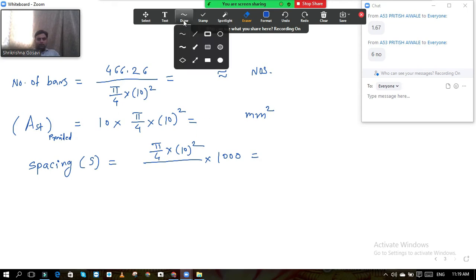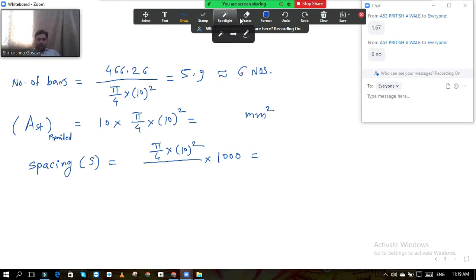Okay, so here it is 5.9, then 6 numbers. So AST provided is 6 bars.